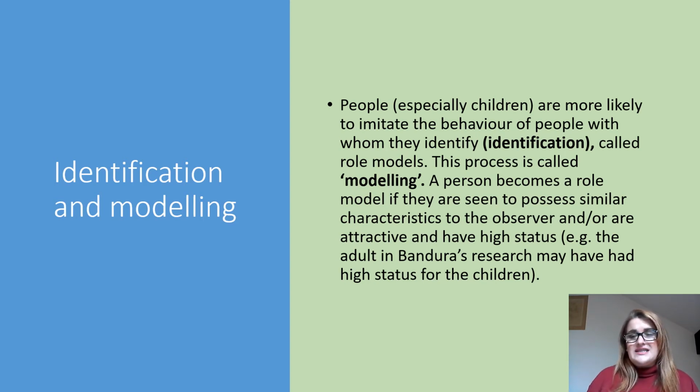Okay, so let's have a look at why they're doing it now. So we've got something known as identification and modelling. This is a kind of question that you could get in the exam. Why are they more likely to imitate the behaviour of people whom they identify with? It's because they're role models, and it's a process known as modelling. So a person becomes a role model if they have similar characteristics to themselves. That can include gender, it could include even clothing that they're wearing, race, etc. Also, if they're seen as more attractive, if they have a higher status.